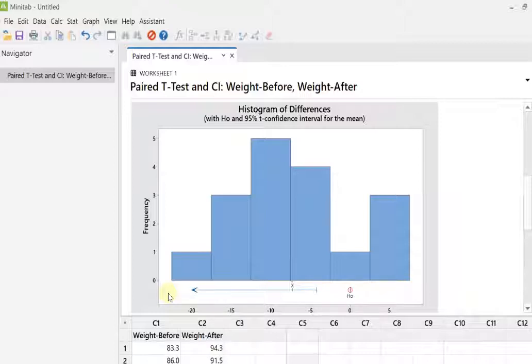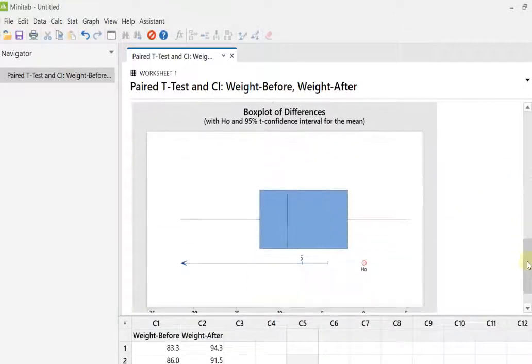We don't usually do that with our confidence intervals, just to mention. And this is H naught here. That means the hypothesized value is right in here. You see that 0? So it shows you the position of this histogram relative to the hypothesized value of the mean difference. And it's trying to give you as much information as possible. Sometimes it may be information overload, too much information that could be misleading and may create confusion for us.